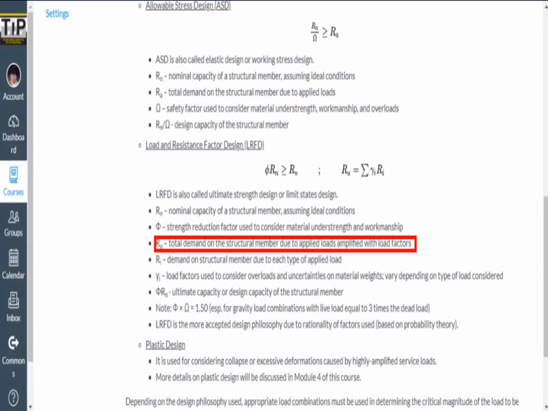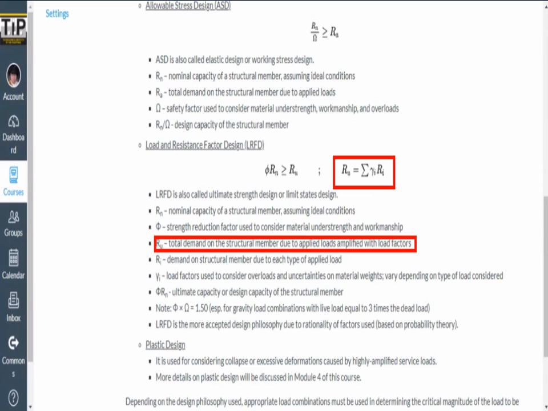So these load factors are the ones that we use to consider overloads. Okay? So that's why we put this statement RU is summation of gamma i Ri. So this gamma i Ri is just the load multiplied by a certain load factor, usually at least one.